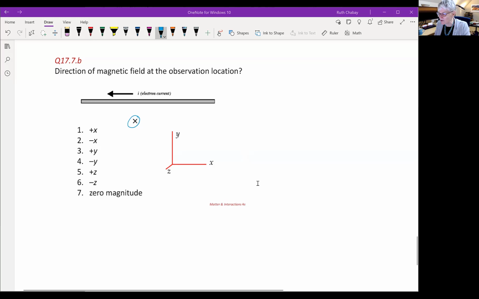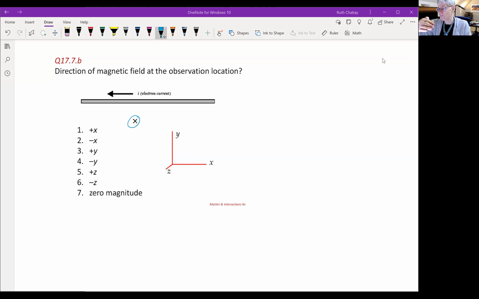All right, let's see what you guys said. So everybody's convinced that it's either plus or minus z, but a little divided on what that should come out to. So let's see if we can do this.